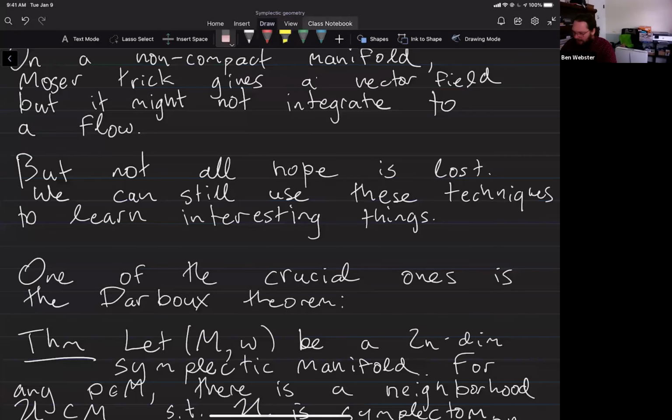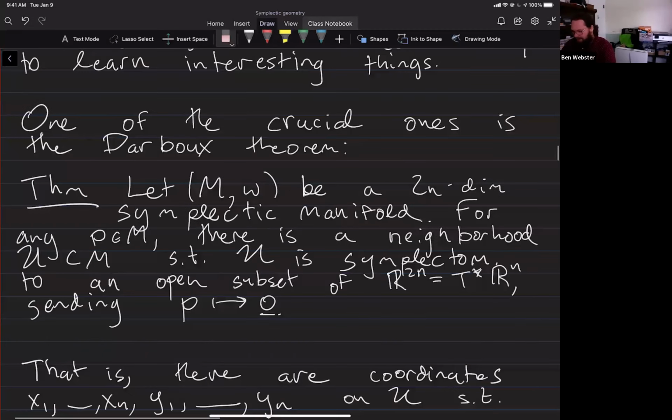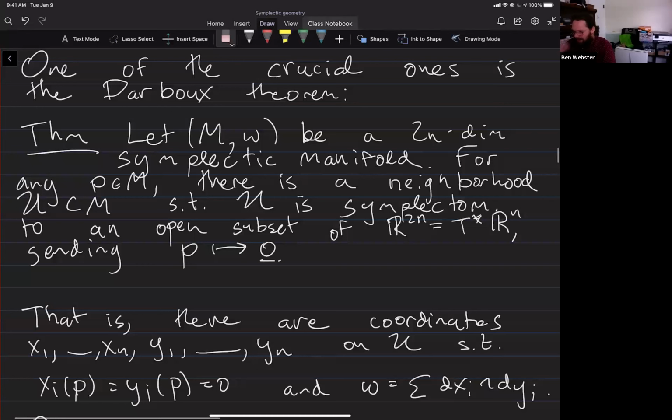The one that I think is most important for us is what's called the Darboux theorem. If I have a symplectic manifold, then for every point, I can find a neighborhood around that point and coordinates on that neighborhood that make my symplectic form look like the obvious one on R^2n, or if you prefer, on the cotangent bundle of R^n.